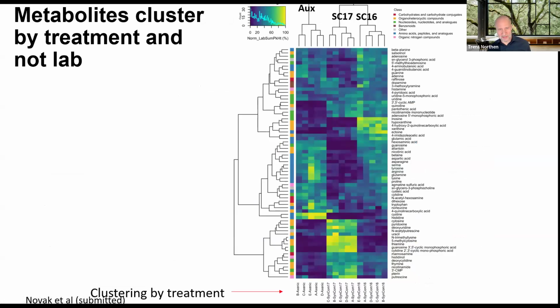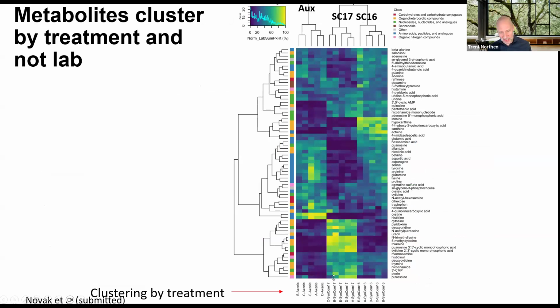What about the metabolites? So this is a hierarchical clustering of metabolites on rows, and the columns are samples. This is unsupervised hierarchical clustering, and the samples clustered by axenic, 17-member community, and 16-member community, which is exactly what we were hoping for.